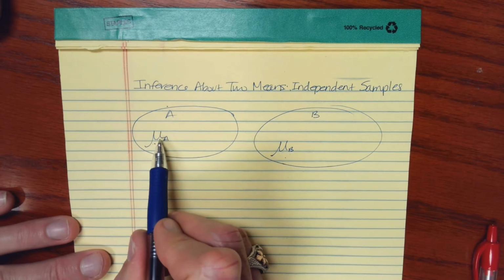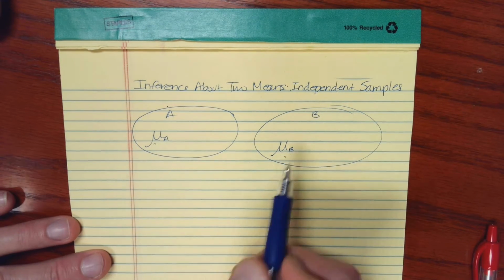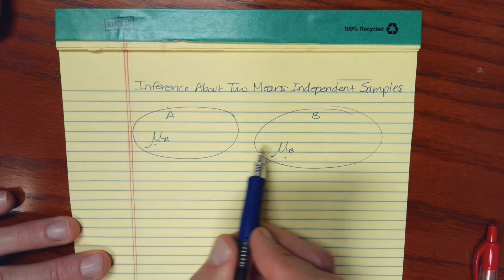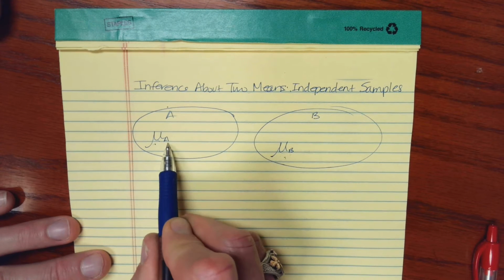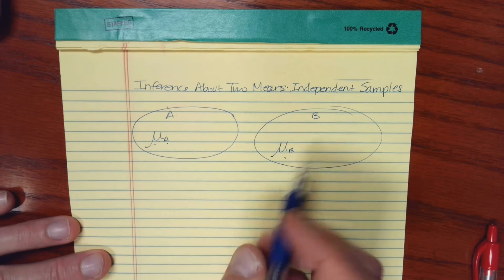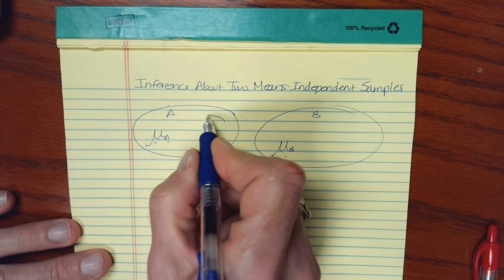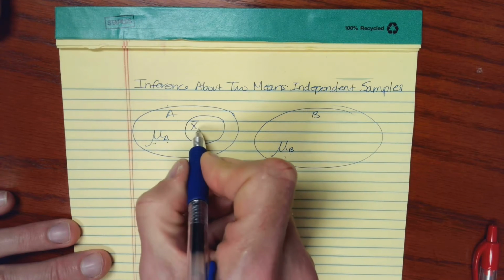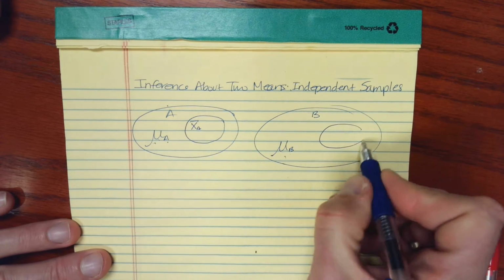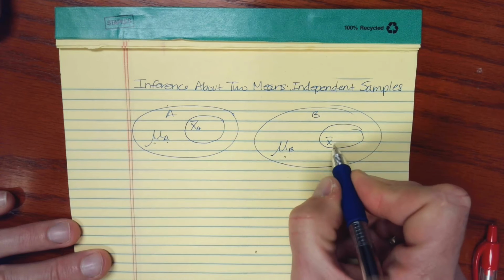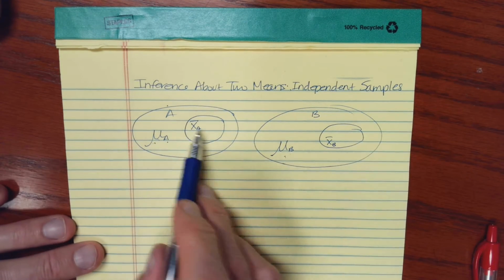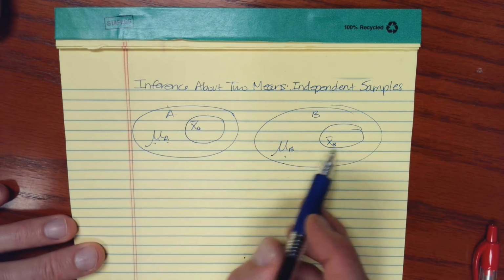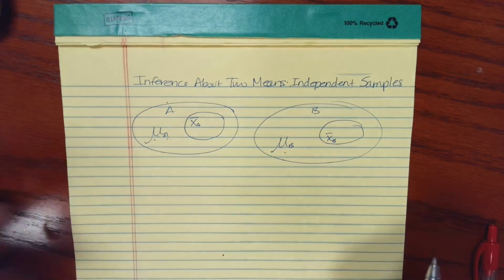So maybe if this would happen to be larger than this one, or the opposite were true, where this mean is larger than this one, or if they just differ in some way. So our strategy is that we're going to take a sample, and we're going to look at the sample mean from group A and the sample mean from group B, and examine the difference between these two.